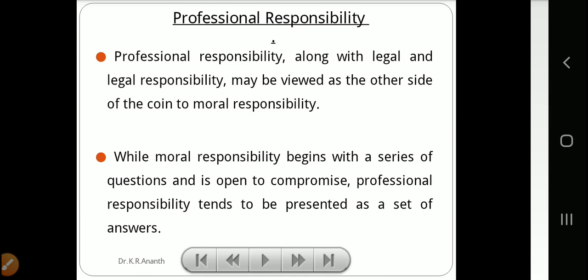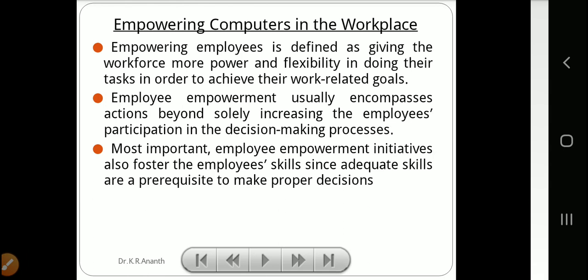By this responsibility, we start to talk about empowering skills and the workforce extended to the computer programming workplace. Empowering is defined as giving the workforce more power and flexibility in doing the task in order to achieve their work-related goals.